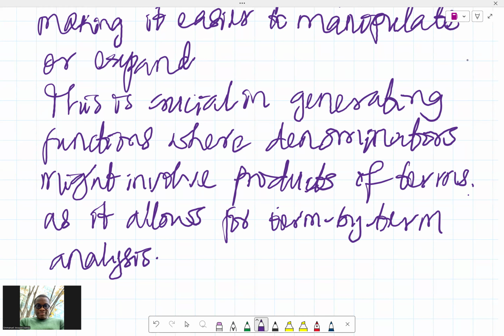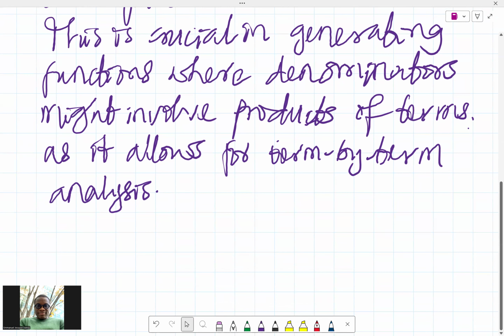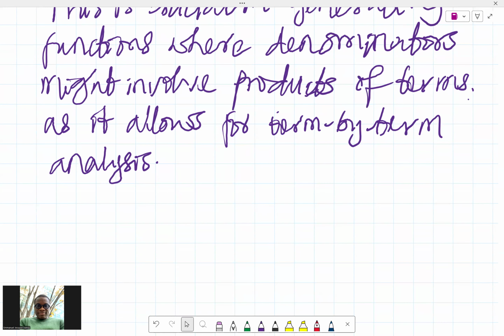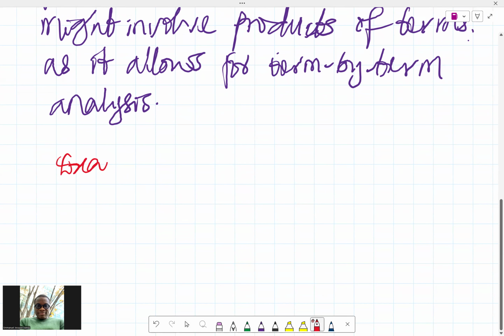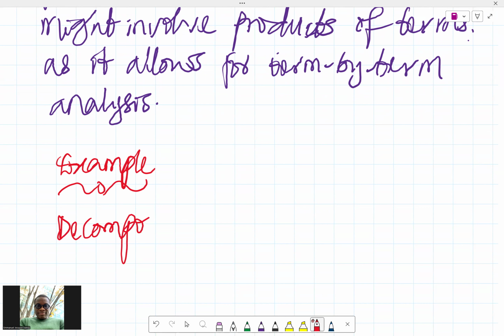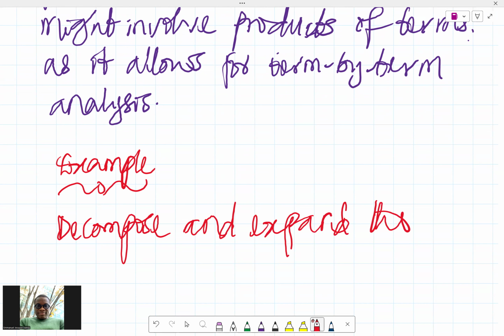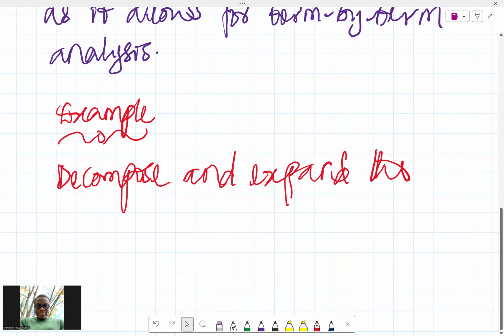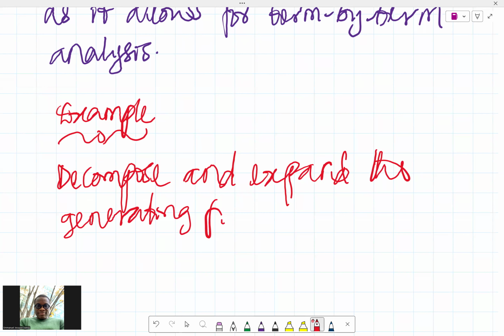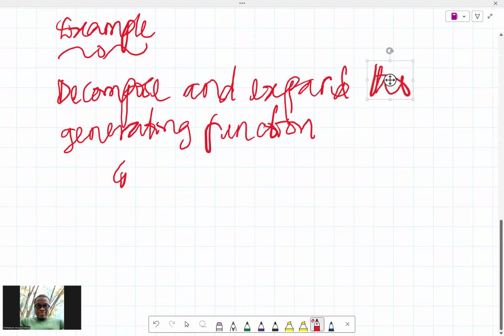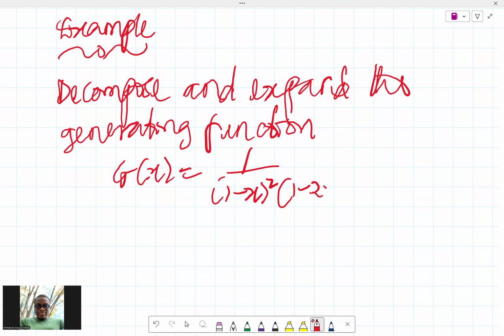Okay, so let's take an example. Decompose and expand the generating function g of x equals 1 over 1 minus x squared into 1 minus 2x.